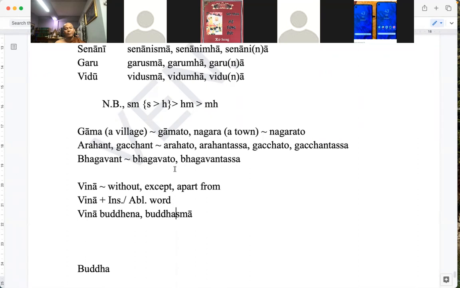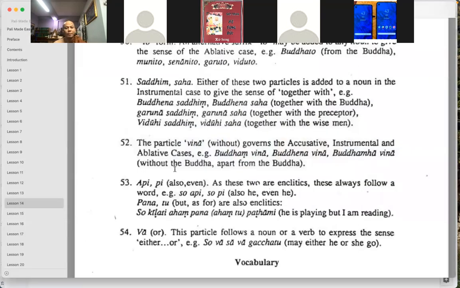For number 52, Bante, I would like to understand more on when we can add Vina with the instrumental or ablative, in that scenario the same meaning will be understood, for example, without, except, apart from.